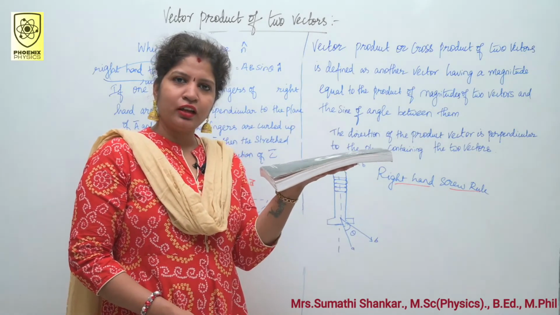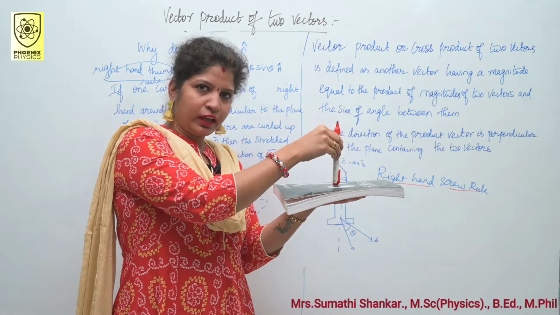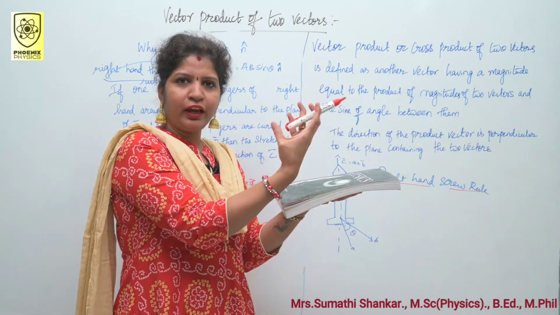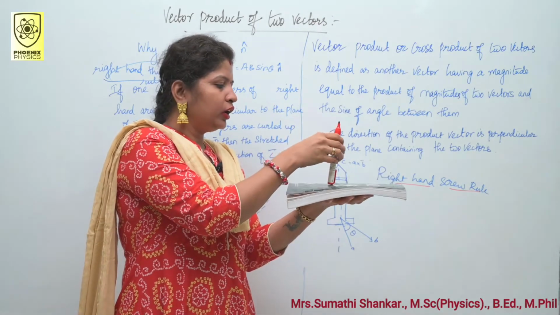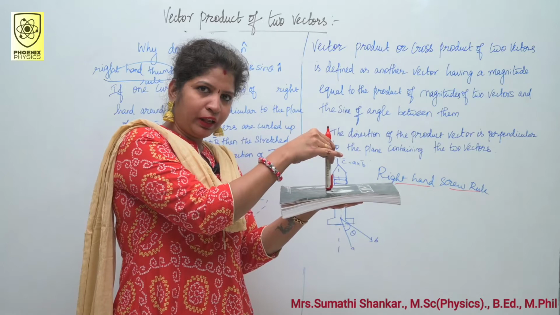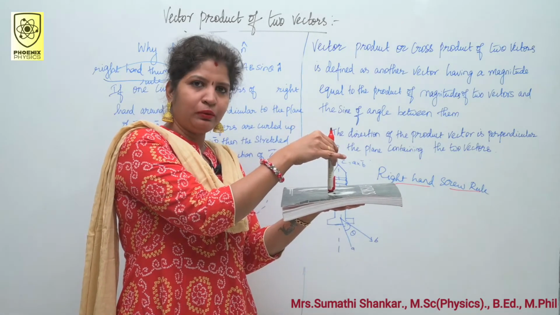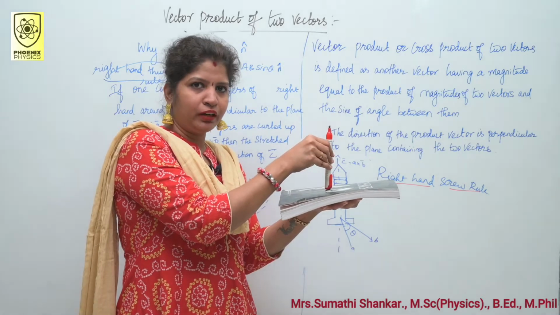Imagine this as our plane. Keep the screw like this. So this is my head end and this is my tip of the screw. The head of the screw is lying in the plane containing A vector and B vector, and the tip is perpendicular to the plane.